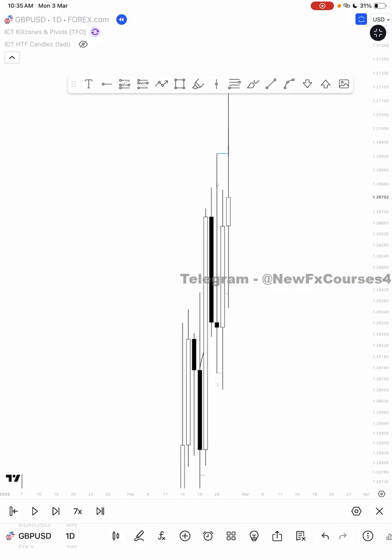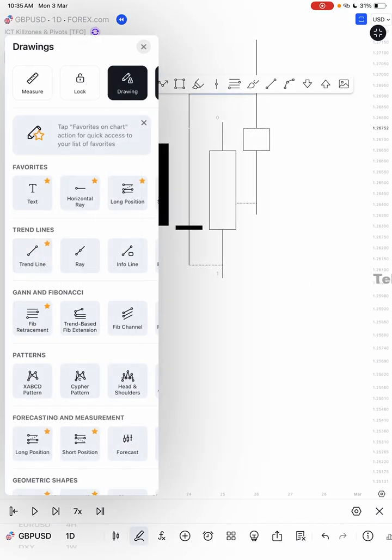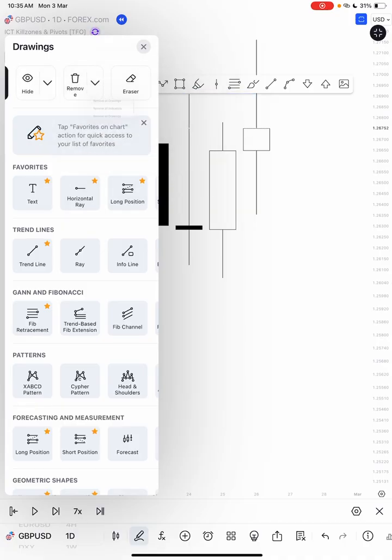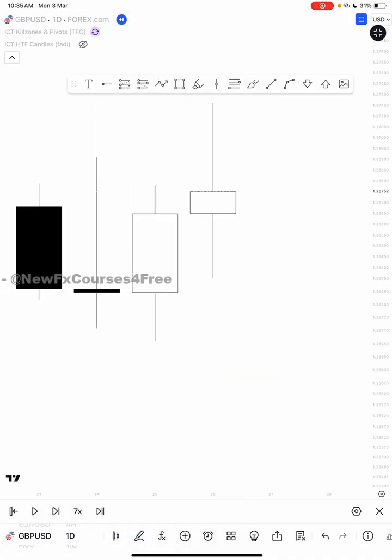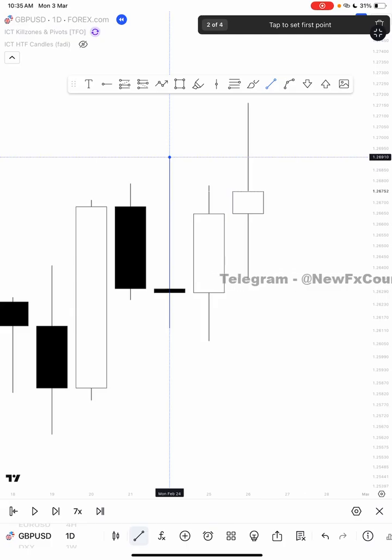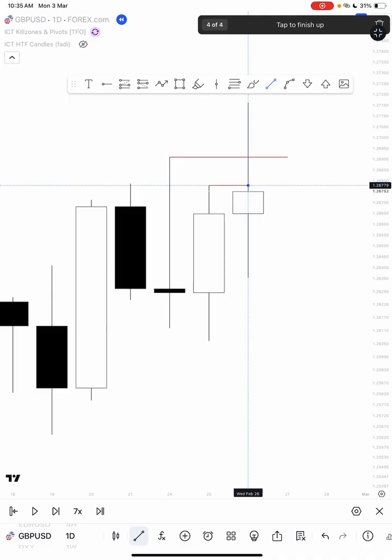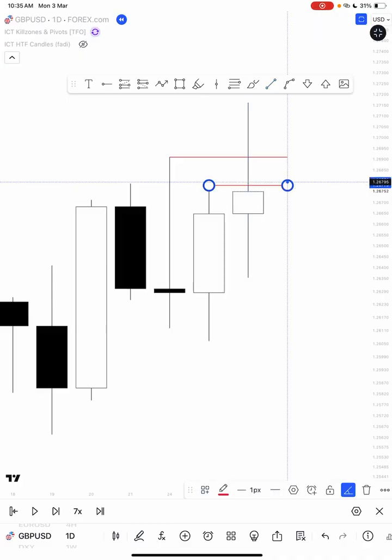So here, let me decipher the next price action. So what actually happened on Wednesday? After sweeping our Monday's range high, you can see the new range high swept.